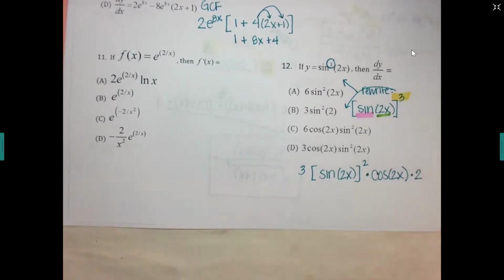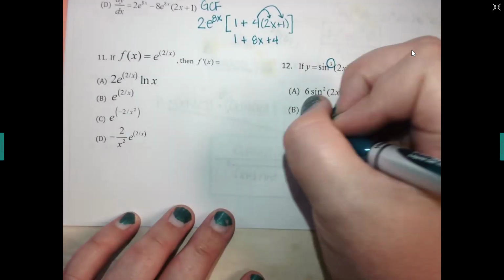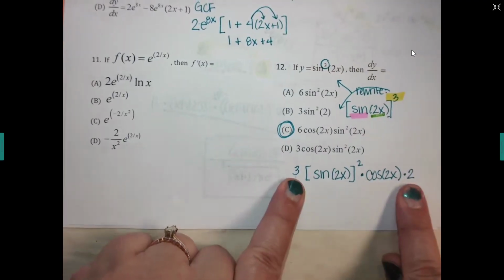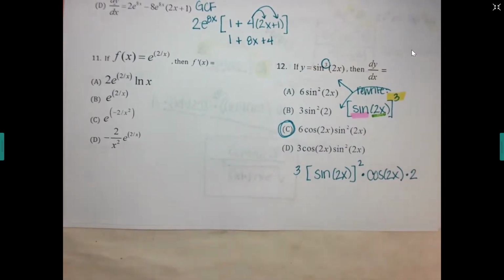And then look at your answers. Which one of those is the same? It's C. Okay, where did the 6 come from? Yeah, the 2 times 3. Okay, good on that? All right, next page, we're going to do 13.